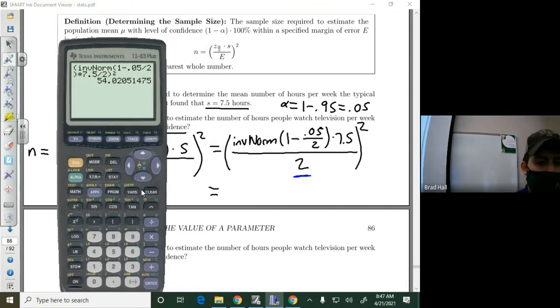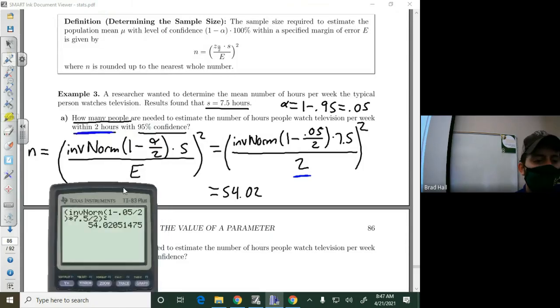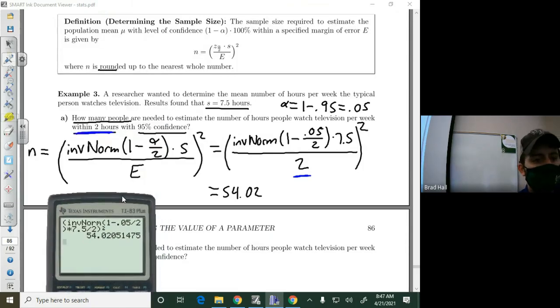And we get 54.02. But we're dealing with number of people, so we need to round this to an integer. Just like we did in the previous section, we have to round up to the nearest whole number, no matter what. So we have to round this up to 55. They just make us do that.